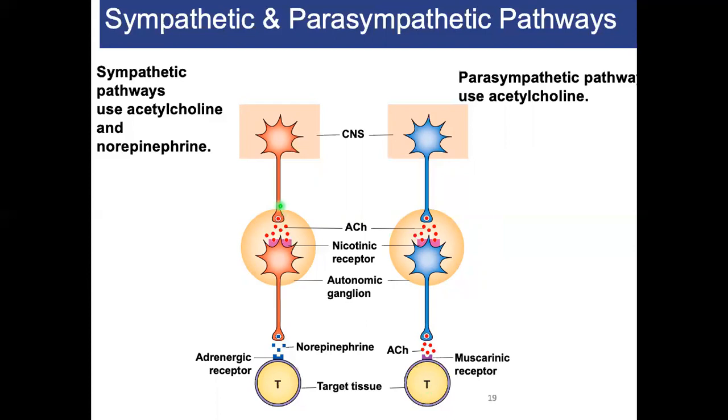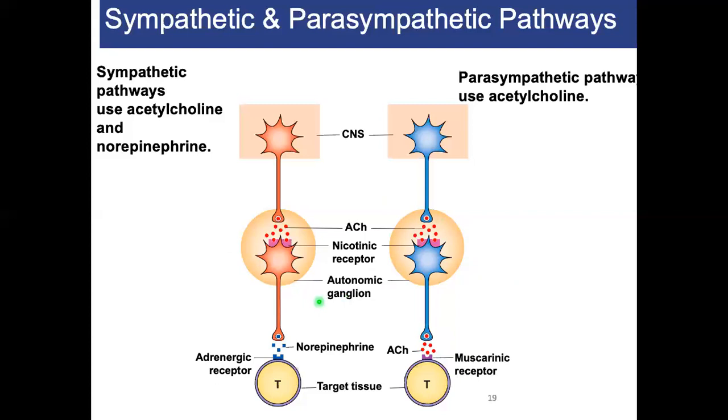Notice that the first nerve, or the presynaptic nerve, so here's the presynaptic neuron, here's a synapse, here's a postsynaptic neuron, and then here's the effector. So this first nerve releases neurotransmitter, which is going to be acetylcholine, onto nicotinic cholinergic receptors and excites the second nerve. This is the same whether we're talking about the sympathetic or parasympathetic nervous system.